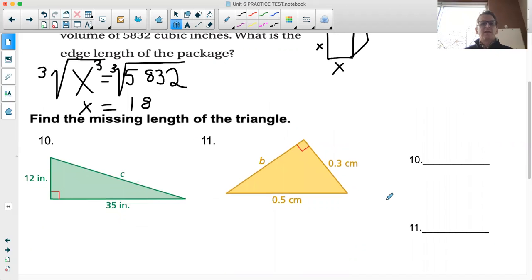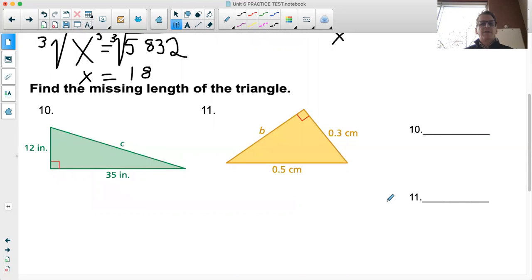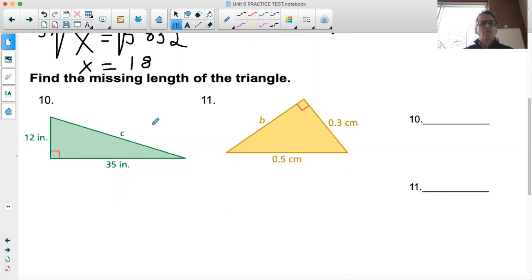So numbers 10 and 11 use the Pythagorean theorem. If you look at 10 and 11, you're going to be looking at a squared plus b squared is equal to c squared.